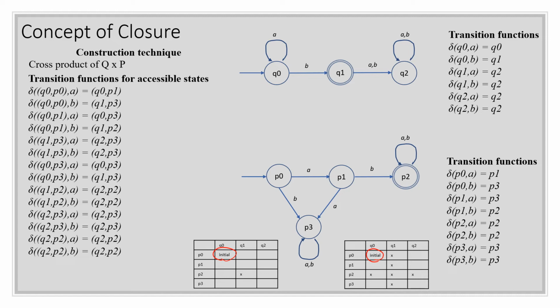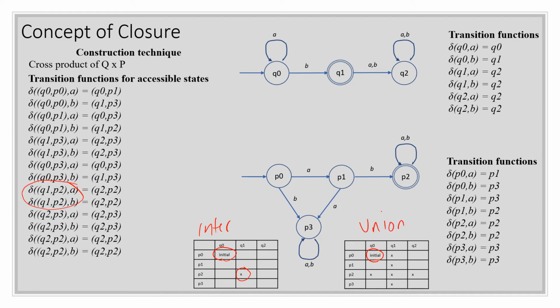So for intersection, the only accepting state is going to be Q1, P2. So Q1, P2 right here, that's the only state that can be accepting. But with union, we can have multiple accepting states.